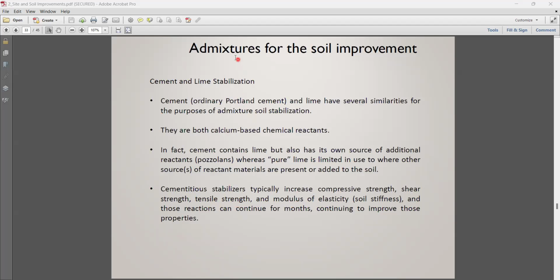Then one of the first admixture mechanisms is cement and lime. What is cement? The cement that you can buy from stores, we call OPC, ordinary Portland cement. Lime, what is lime? Crushed calcium carbonate.